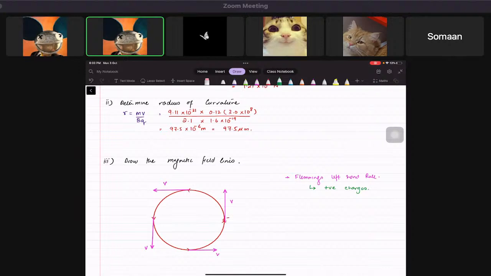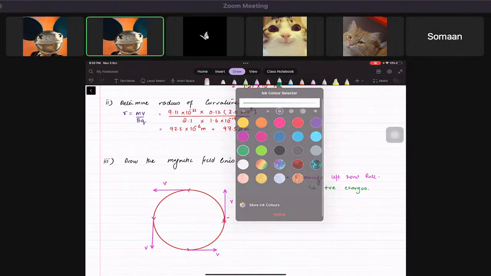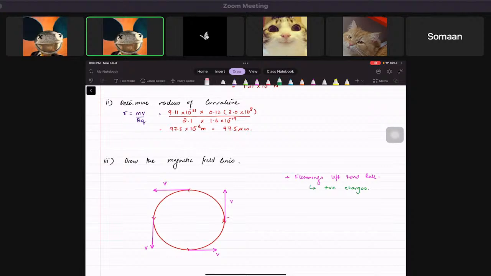If it is going in a circle like this, the force acting on it should be towards the center. So this is the force, because it will move in a circle, right? So we have the direction of the current, we have the direction of force. Now we have to use this.